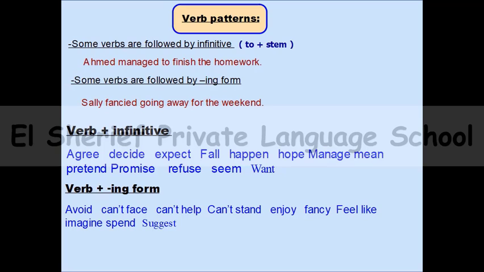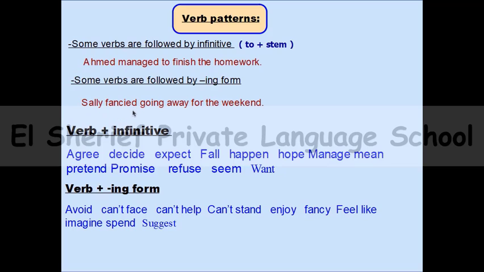Today, we are going to talk about 2 kinds of verbs: verbs which are followed by infinitive, and verbs which are followed by ing. So here we have some verbs that must be followed by to plus verb stem, and other verbs that must be followed by ing. For example, Ahmed managed to finish the homework.